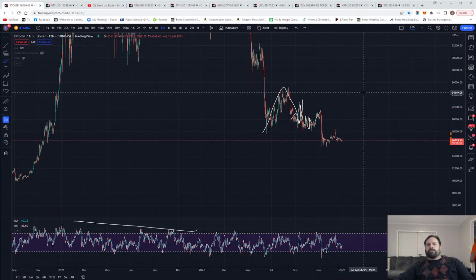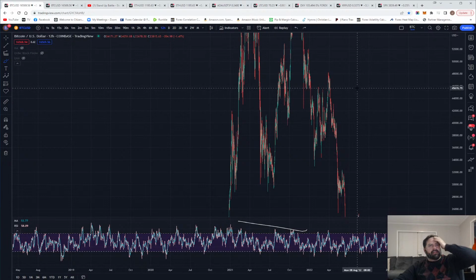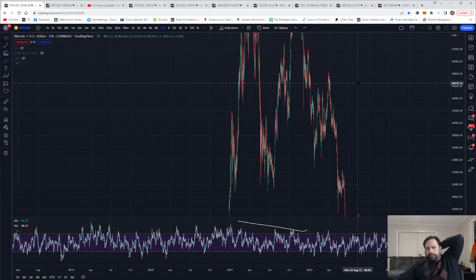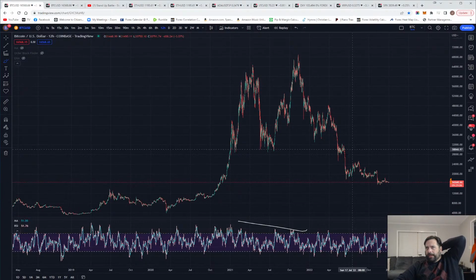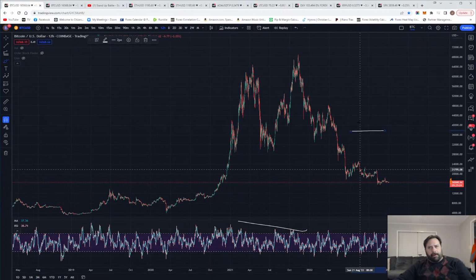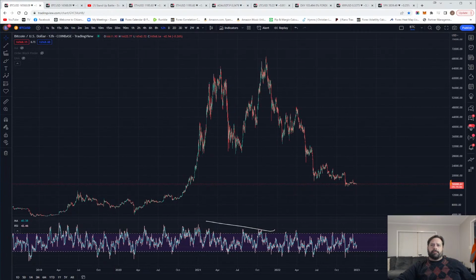Okay, so now what I want to do, with that kind of macro idea, is show you how I'm counting this current wave. My primary idea is that this is the top. This is a wave 5 of some kind, okay?